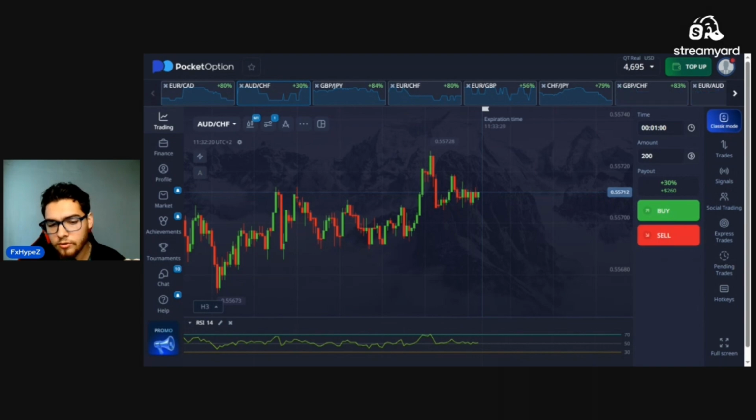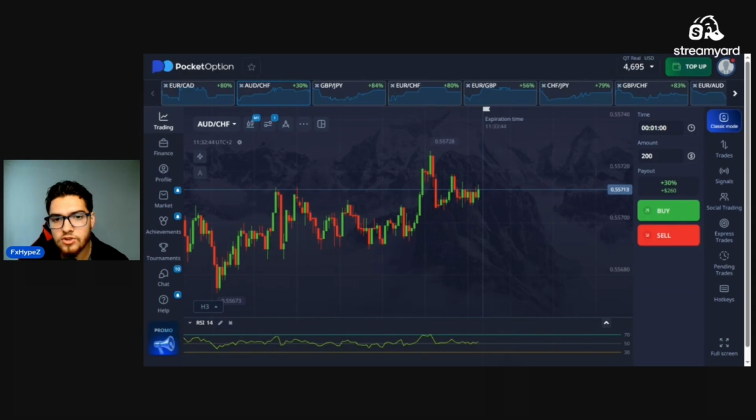RSI Divergence is basically when there's a mismatch between price action and momentum. This is when there is a difference between what price is showing us on the chart and what's actually going on in the RSI. When they're out of sync, that's basically what that means.